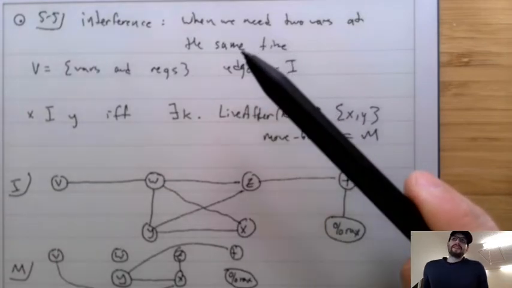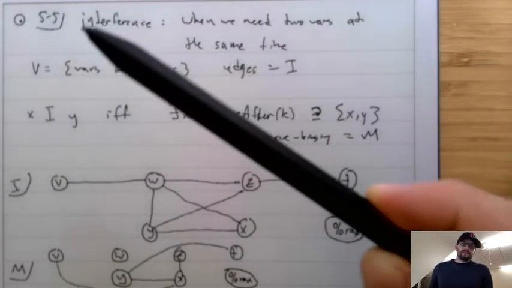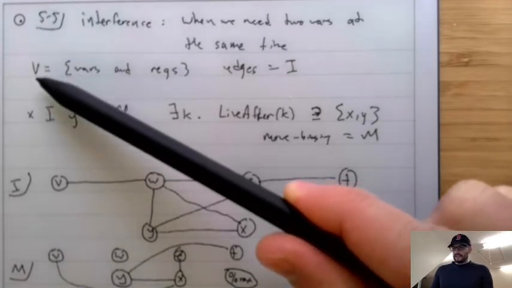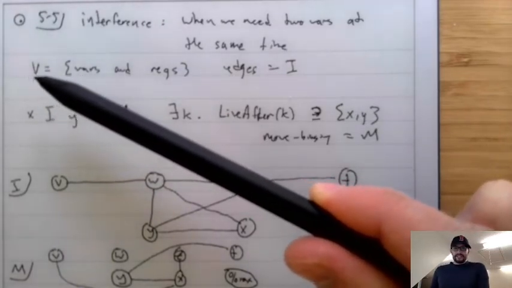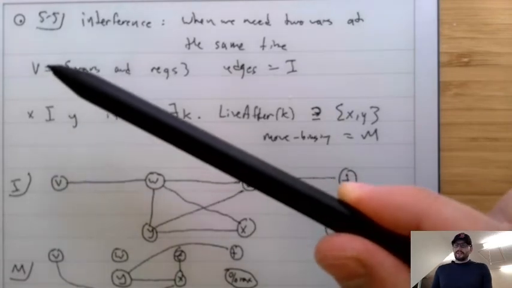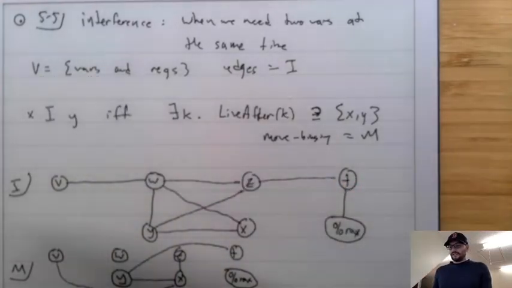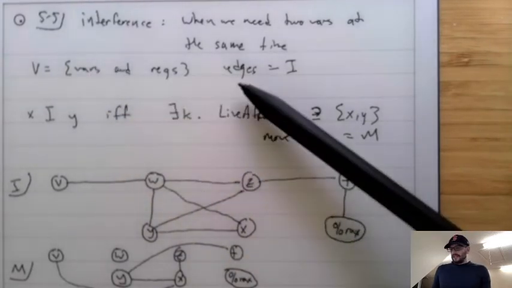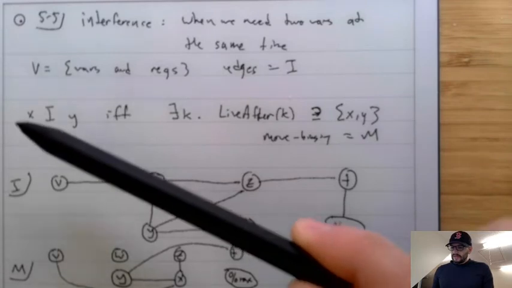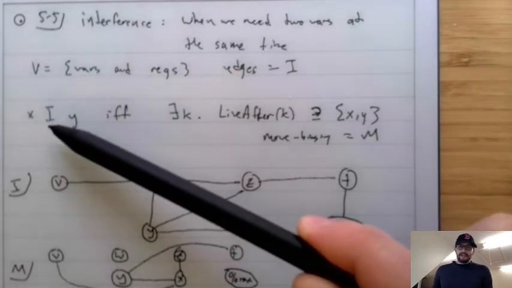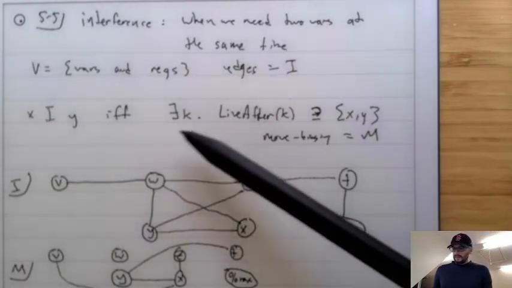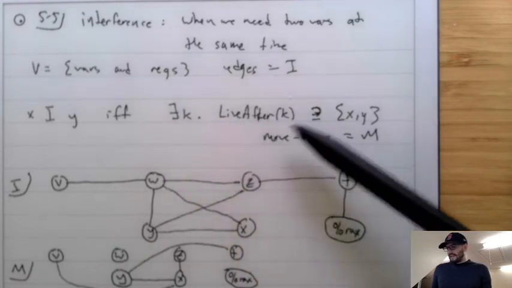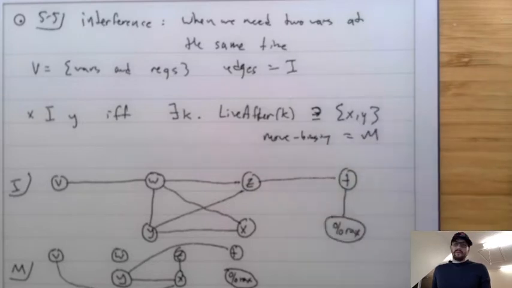So we can think of this as being a graph. A graph is always a set of vertices and a set of edges. So the vertices would be the variables and the registers in our program, and the edges we call I. And we say that x is related by I to y if and only if there exists a k where the live after set of k includes x and y.